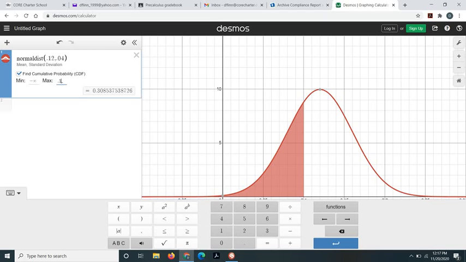Okay, and then letter B, it's just kind of the same thing. It's saying what proportion of diesel engines meet the standard if the standard is 0.065. So I'm just going to change that to 0.065.